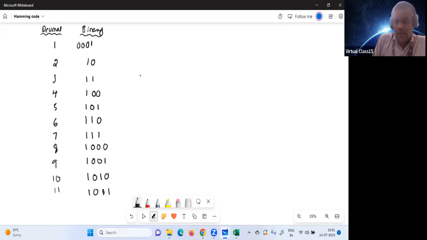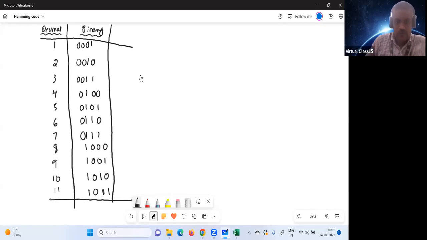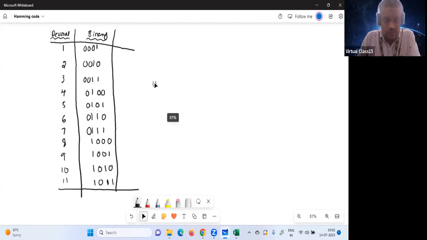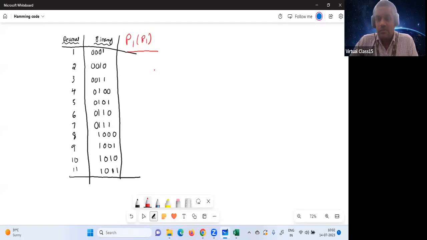So if I write each one as a 4-bit value, I can write like this. Yeah. Now recall that rule.